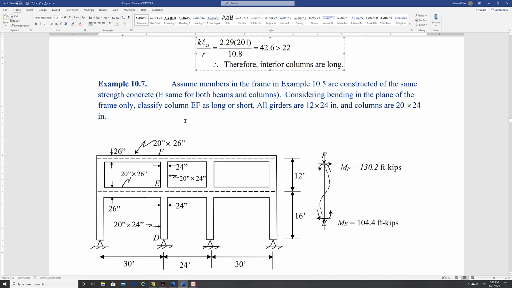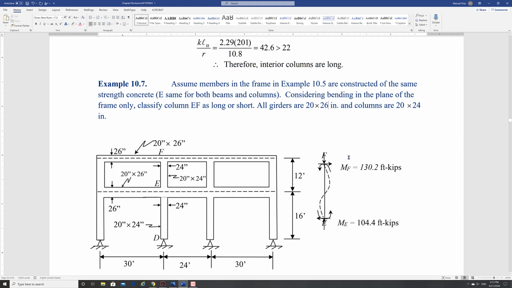Your beams are 20 by 26. And 26 is your height, so B first and H second. So 20 by 26 are your girders. Columns are 20 by 24. You're going to look only at this column, EF.